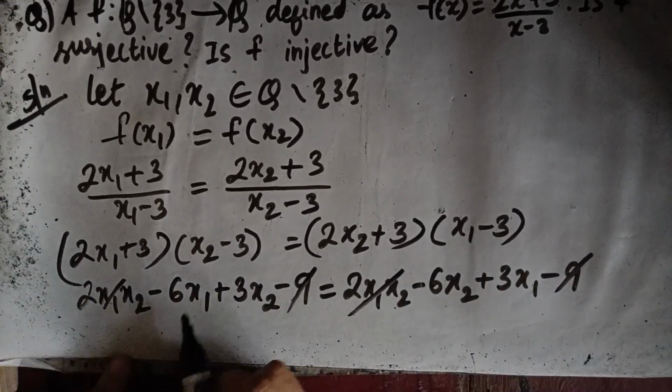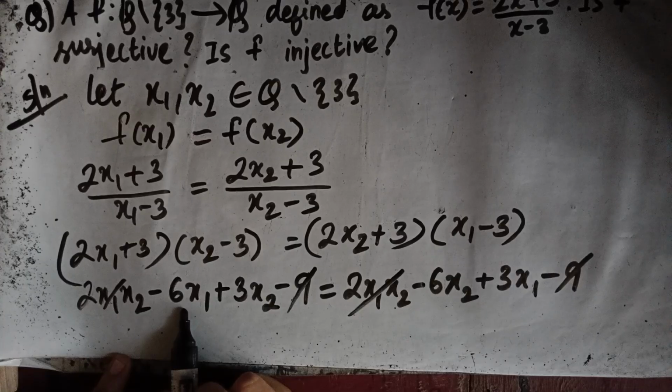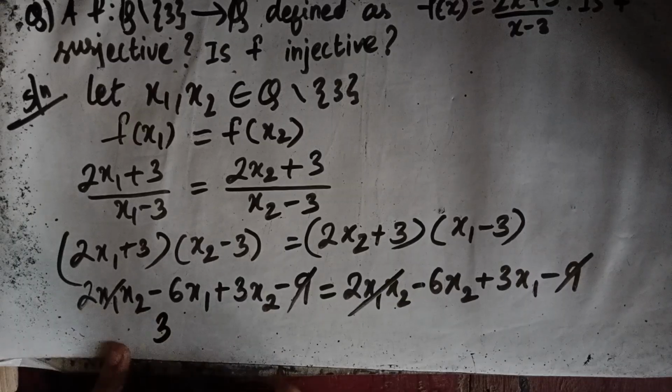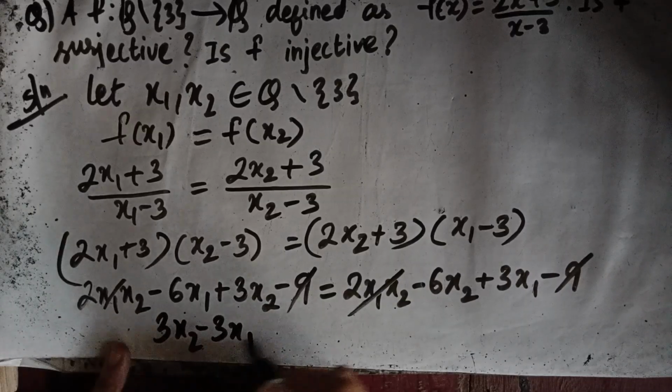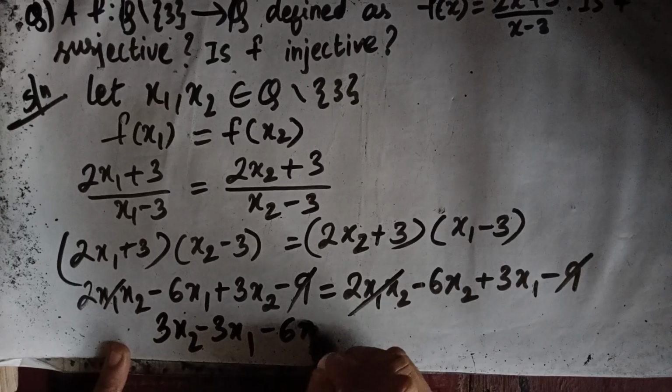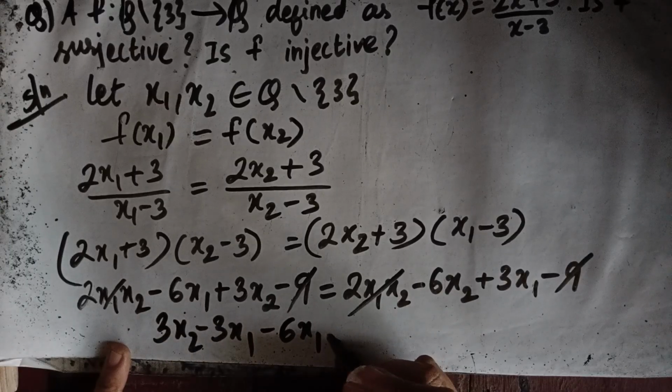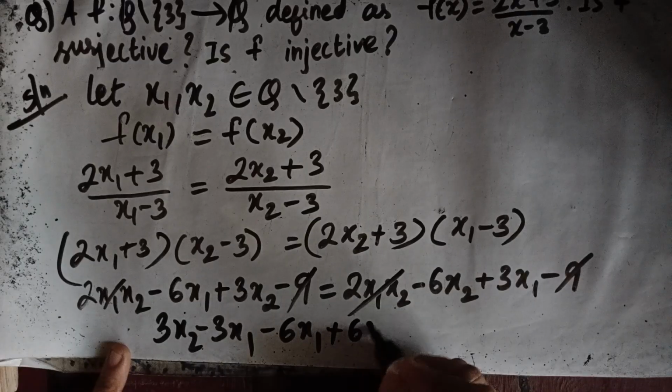So 3 you can take common: 3x2 minus 3x1 minus 6x1 plus 6x2.